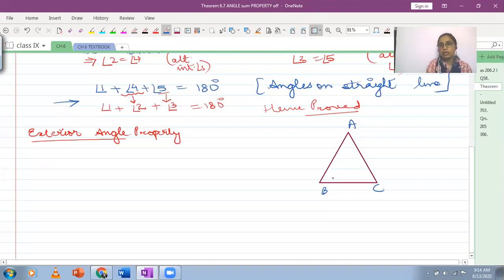So if we produce any of the three sides at one vertex, we can extend BC. Let's extend BC. This is the extended part of BC, and when BC is extended, the extended side makes an angle outside the triangle. Let's say I extended BC up to X. And then there is this angle. This is the exterior angle of the triangle.